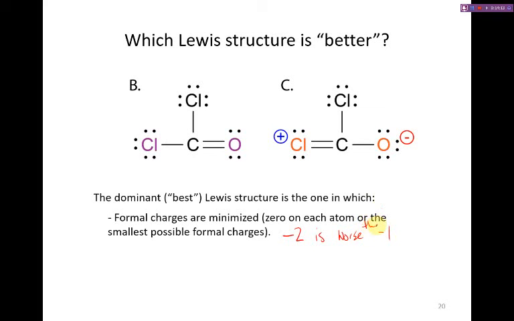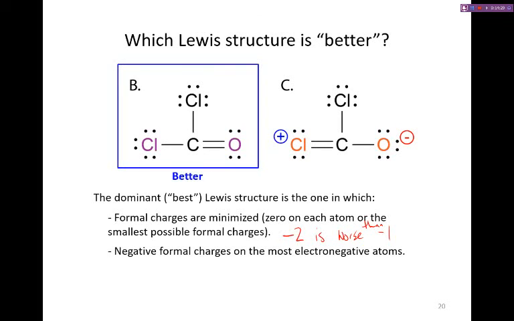And that's because it's farther away from 0. We also want to put the negative formal charges on the more electronegative elements, and the positive formal charges would go on the less electronegative elements. So applying the first rule, that we minimize formal charges, that means that structure B is better.